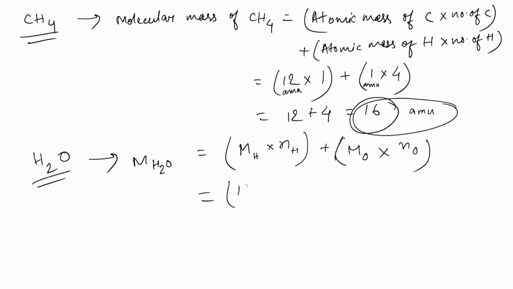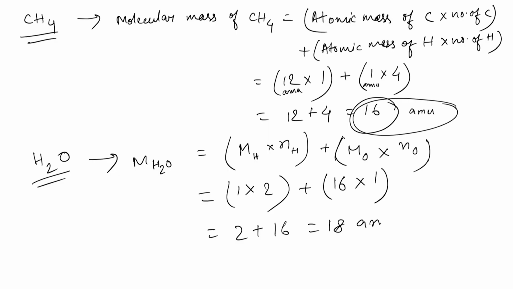So, 1 into 2 hydrogens is 2, plus 16 into 1. So, 2 plus 16 equals 18 AMU. This was the discussion for molecular mass. We will study more examples on calculating molecular mass, and we will also learn about formula mass in the next lecture. Thank you.